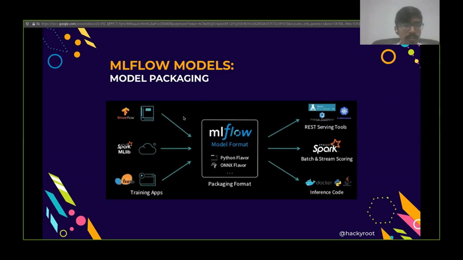Just use TensorFlow for the machine learning model, Spark or ML for data preparation, and scikit-learn for the training app. MLflow will take care of the REST API service, or batch or streaming storage using Spark, or inference code using Docker.